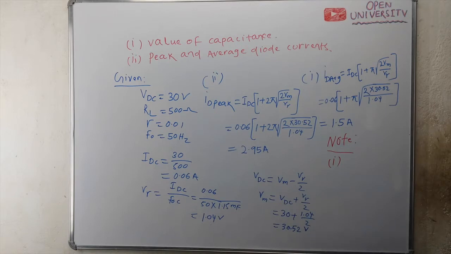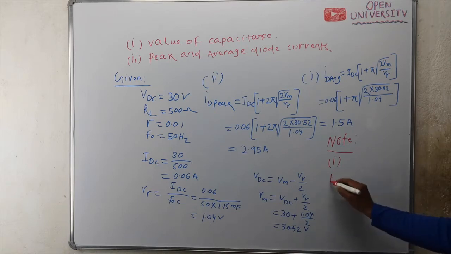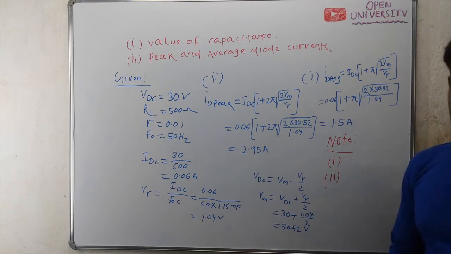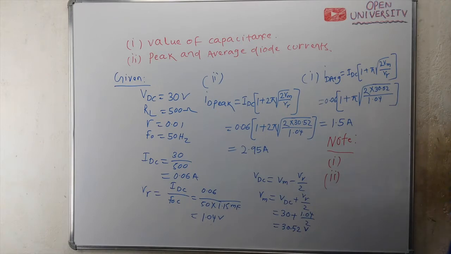Second point, diode should have greater voltage rating, or greater breakdown voltage, because peak inverse voltage becomes 2 Vm.